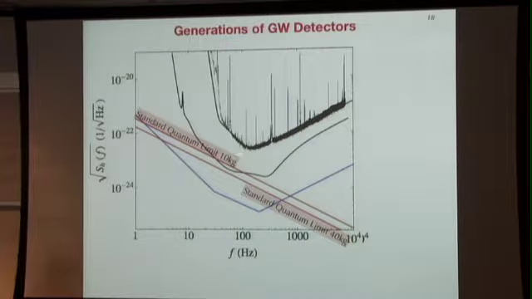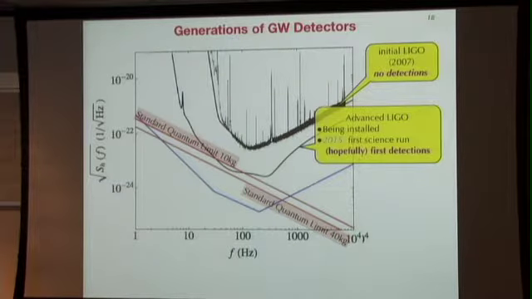Even though the first generation detector that has been completed is far away from the standard quantum limit, the second generation detector, Advanced LIGO, which is now being installed and perhaps will start operating in 2015, maybe soon have detection, is fairly close to the standard quantum limit that corresponds to the 40 kilogram mirrors that it has.